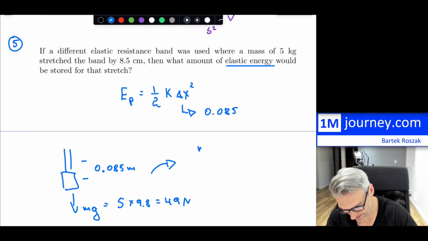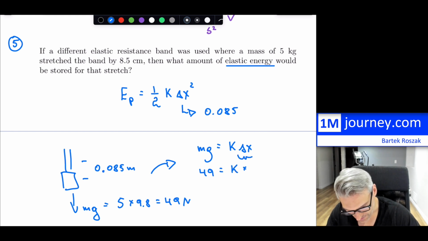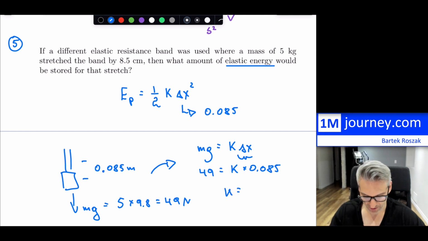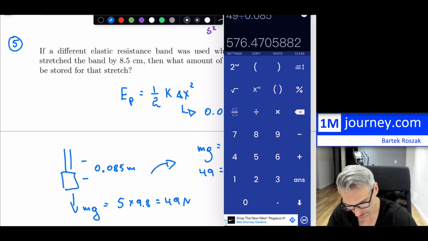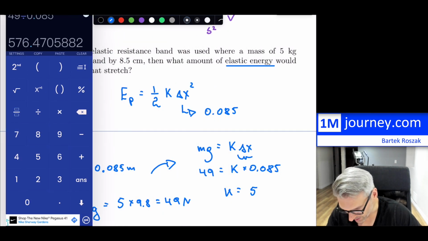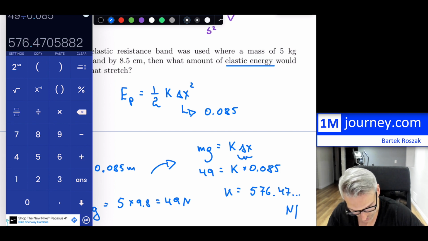So the force of gravity is going to be equivalent to the resistance band, and that's K times delta X. Substituting, this is 49 newtons, this is 0.085. Now dividing the left-hand side, we can find out exactly what that would be. So 49 divided by 0.085 is 576.47, etc. And this would have been newtons per meter.